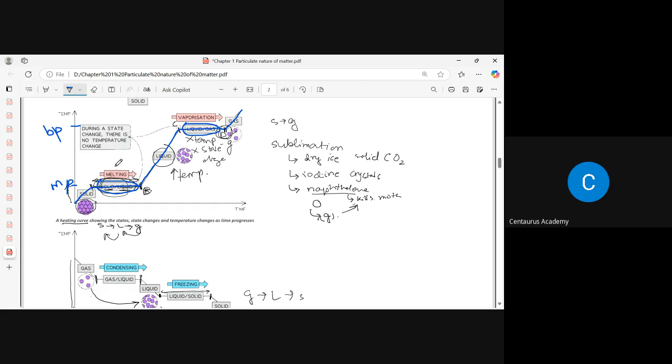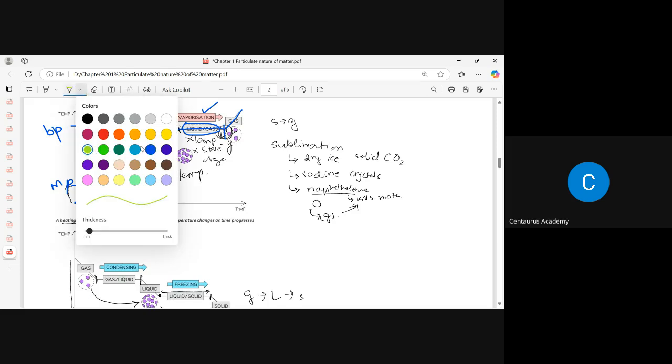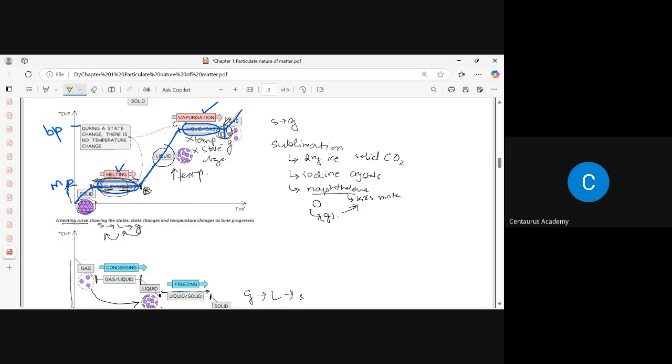So which is why you see that for the first plateau phase, or horizontal line, melting takes place, and for the second one, vaporization takes place, where liquid is converting into gas. At this point, here and here, all the solid particles have completely converted into liquid.